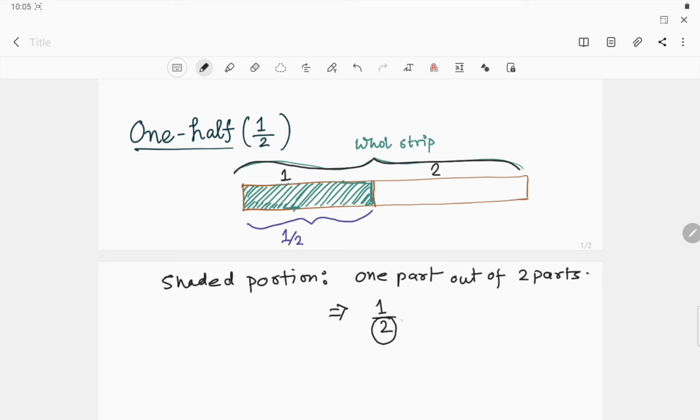At the bottom will come the total parts, that is 2 parts, and at the top will come how many parts are shaded. Okay, so only one part is shaded, so I put 1, out of 2 total parts. Clear? So this is one half.